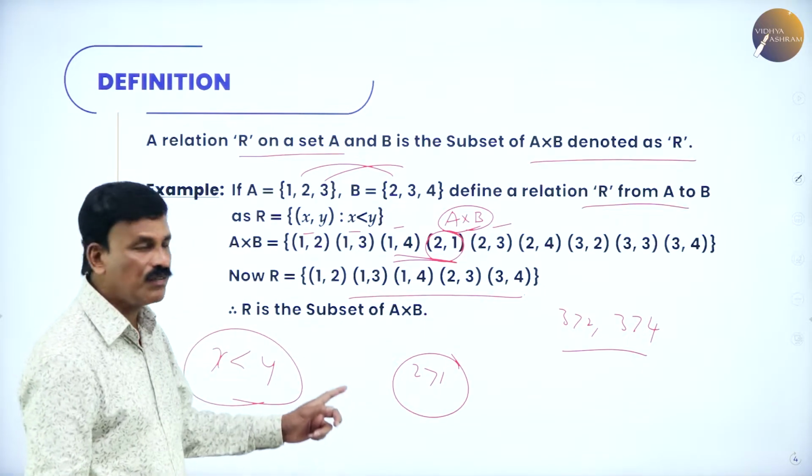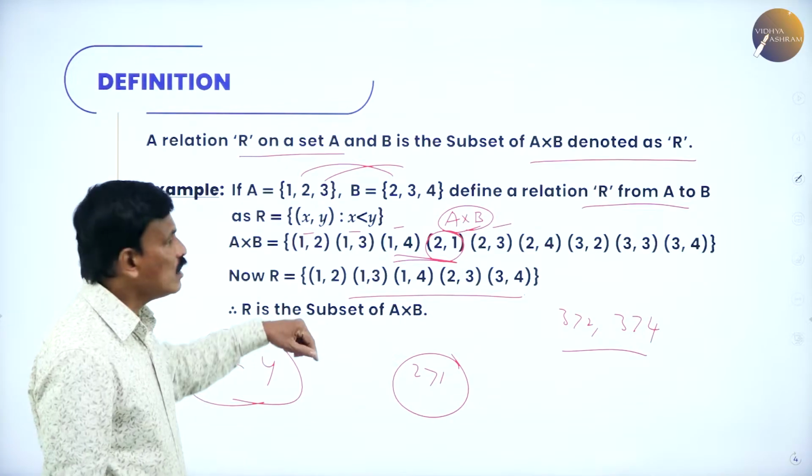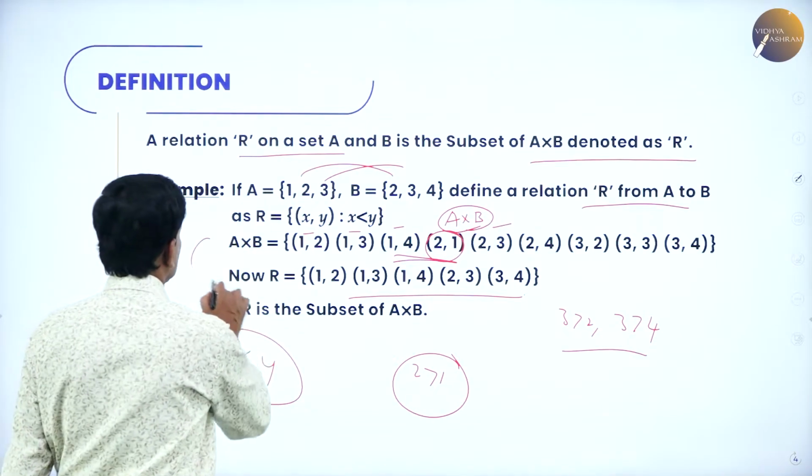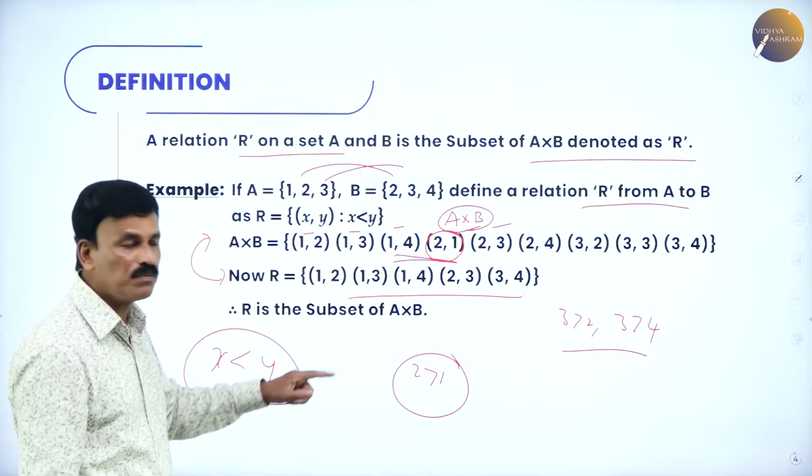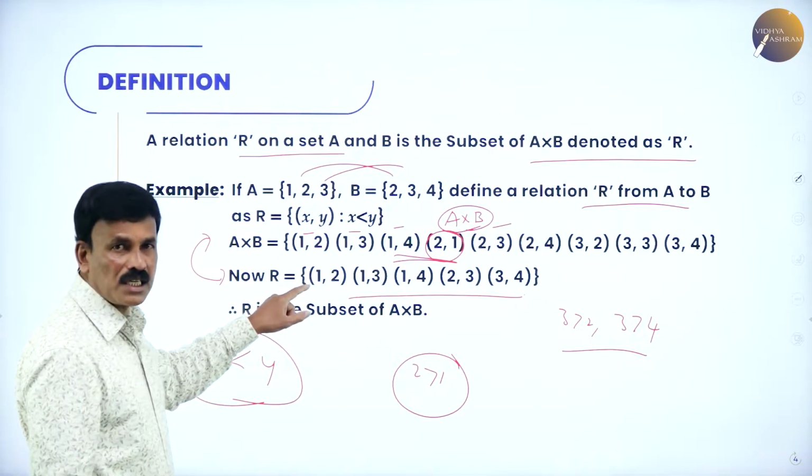Observe carefully, all the elements of R are the elements of the set A cross B, right? That means A cross B contains all these elements.